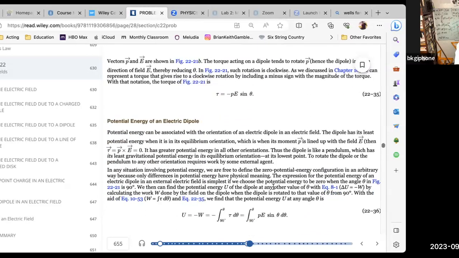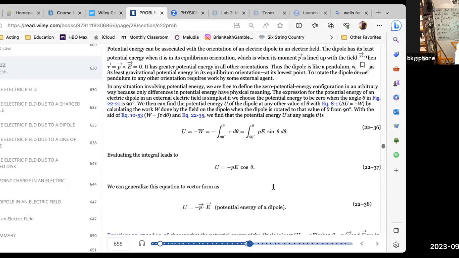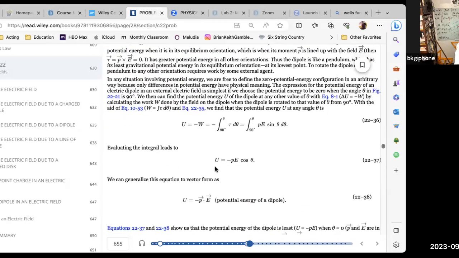Always with a minus sign. Yeah, potential energy uses negative cosine. But then there's 2 more negative signs, isn't there? Yeah, there's 2 more negative signs. So that's the 3 negative signs I was talking about.